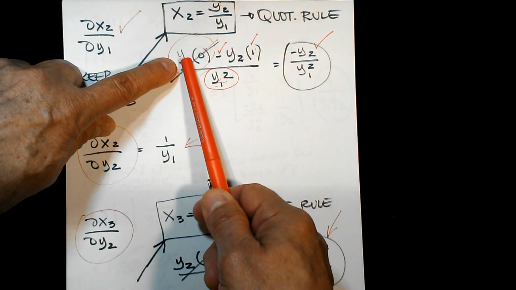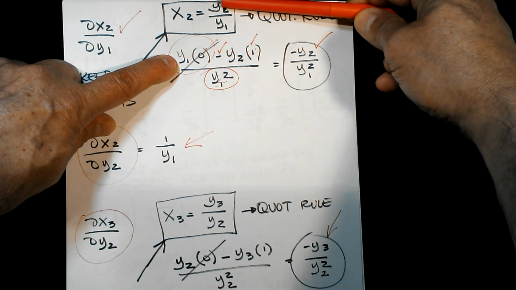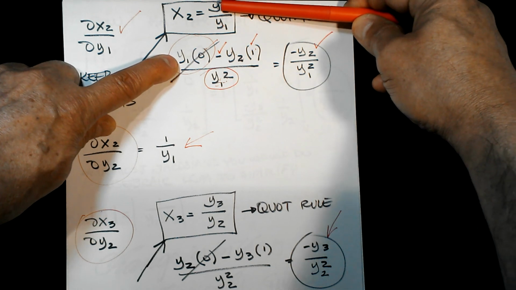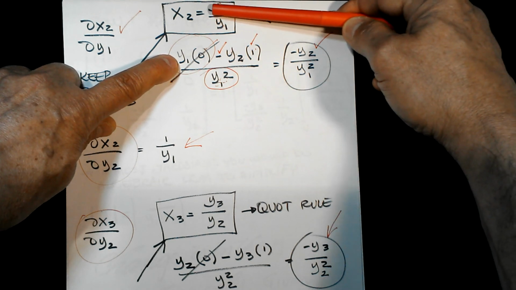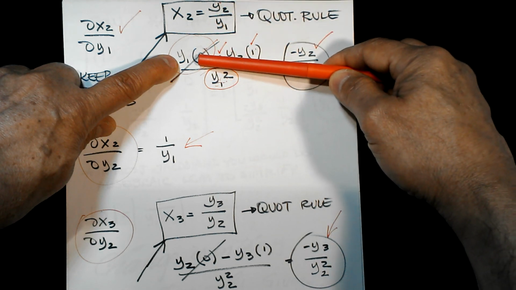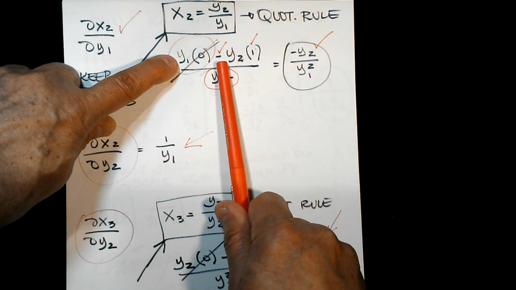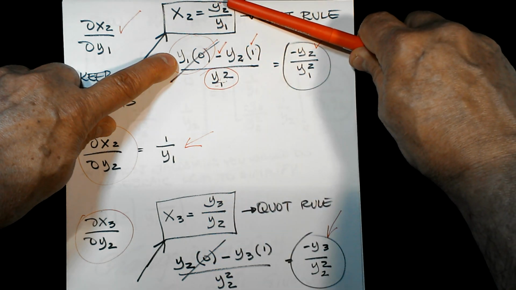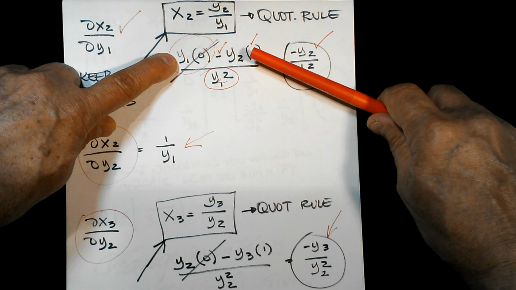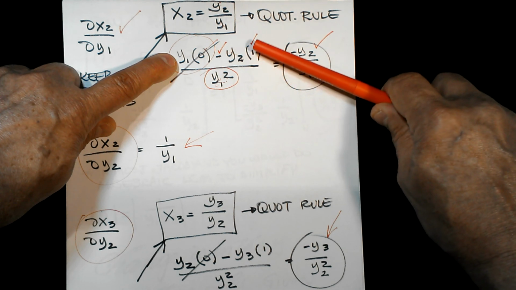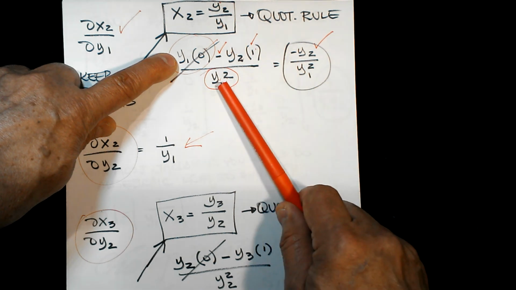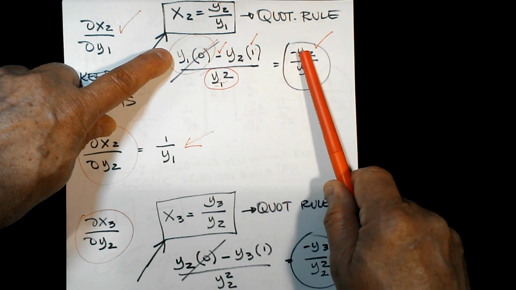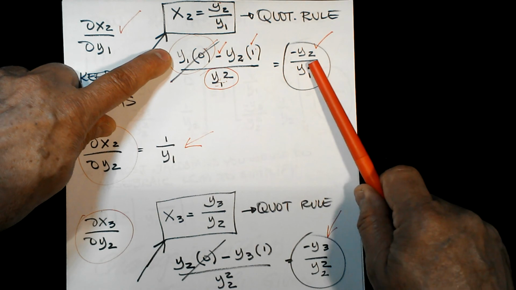Once we put it up there, we take the derivative of y2. Note that we are doing the derivative of that function over y1, so y2 is a number, therefore the derivative is 0. The minus sign for the quotient rule. Now we keep the y2, and the derivative of y1 over y1 is number 1. Then we square the denominator, cancel this part, the minus sign transfers, and we get the partial here.